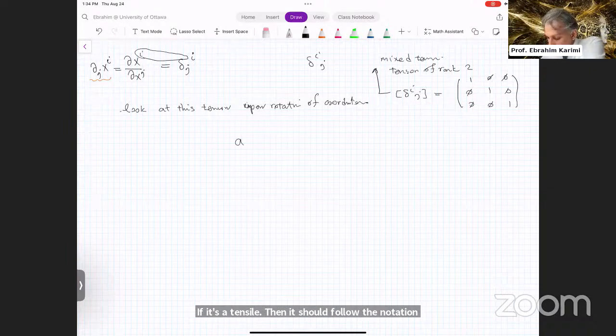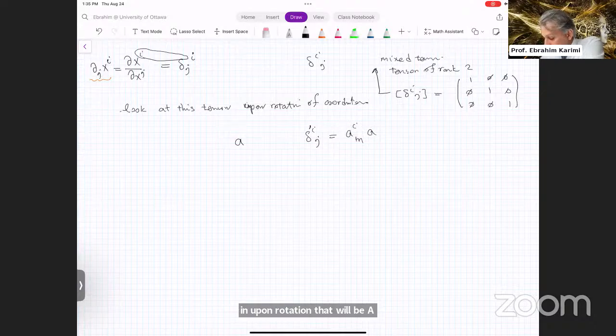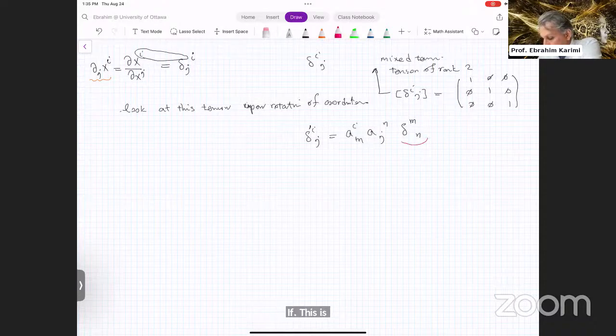So indeed, delta of ij prime, I want to find out the result of this upon rotation, that will be a_im a_jn delta of mn. Okay, do you agree? If this is a tensor, then in the rotated coordinates, that will be the result.